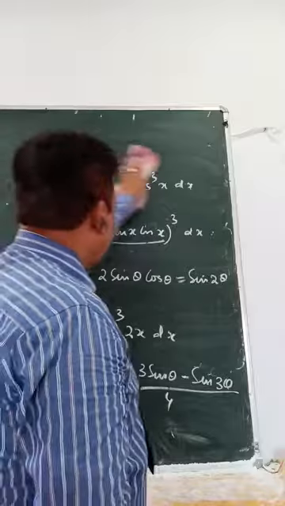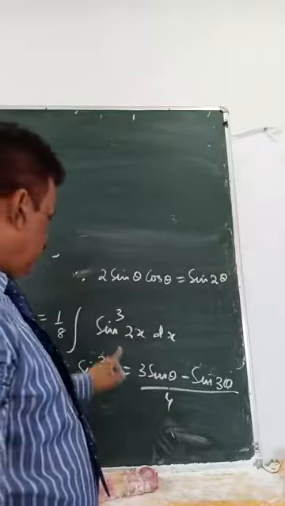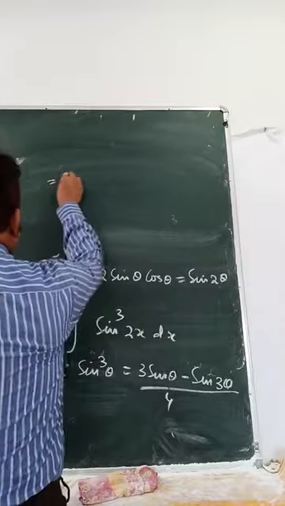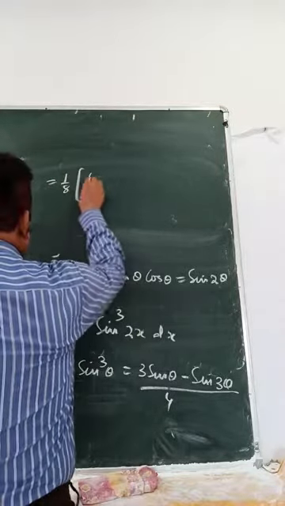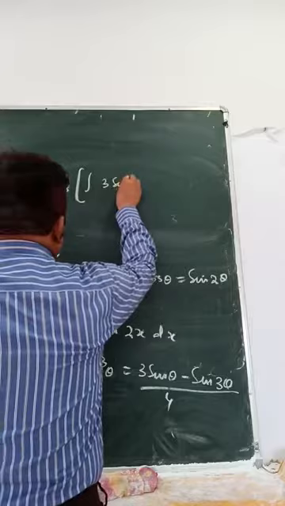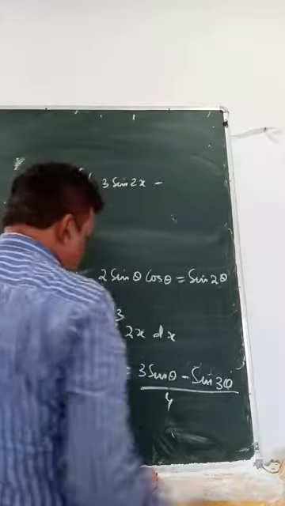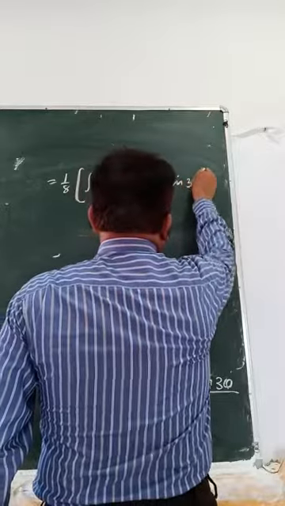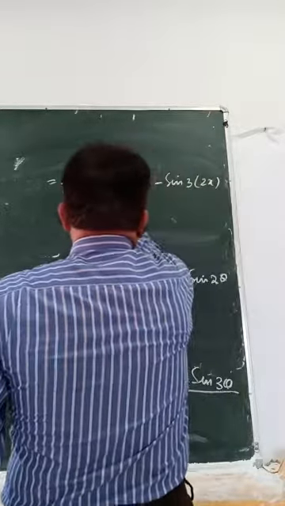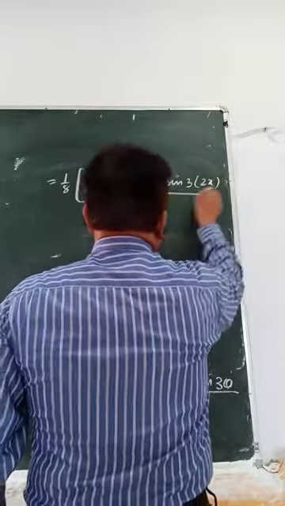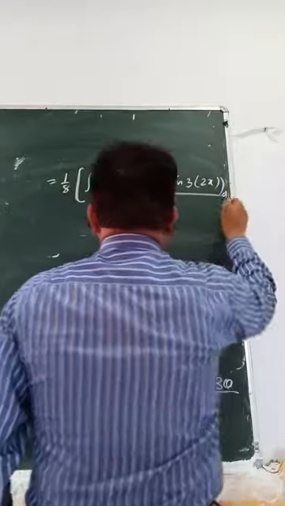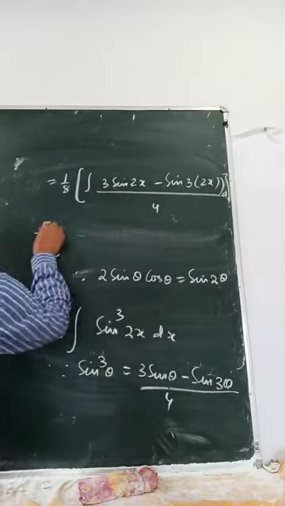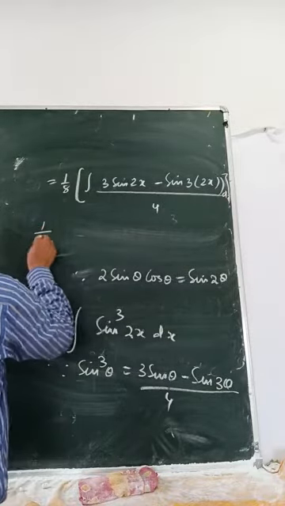Okay, what shall I get then? 3 sin 2x minus sin 6x, divided by 4. Okay. So 1 by 8 into 4 is 32.